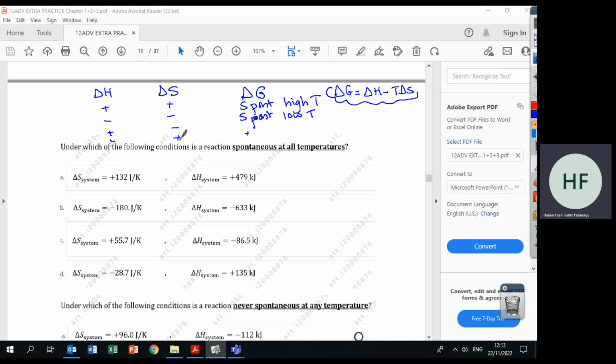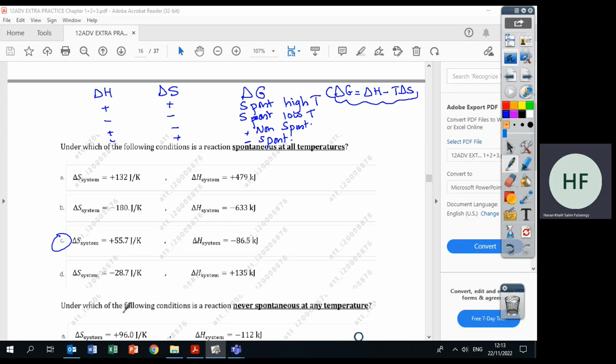Okay, if this is negative and this is positive, also delta G will be the sign of my name, so it will be negative. Delta G positive means non-spontaneous because it needs energy, and negative means spontaneous. Spontaneous at all temperatures means that delta H should be negative and delta S should be positive. Delta H is negative and delta S is positive, so this is the answer.